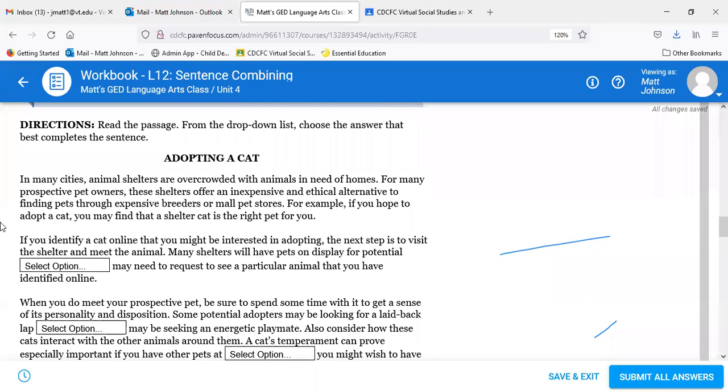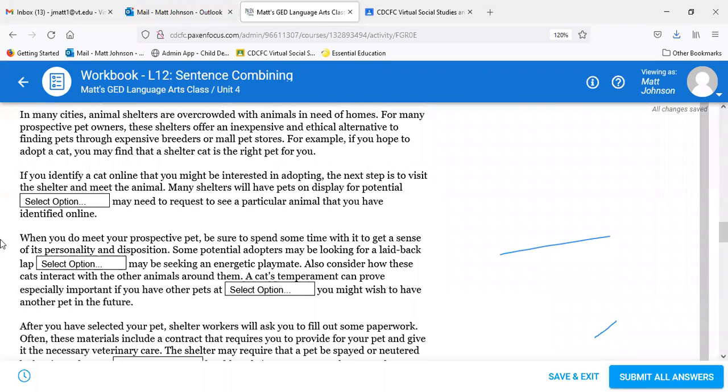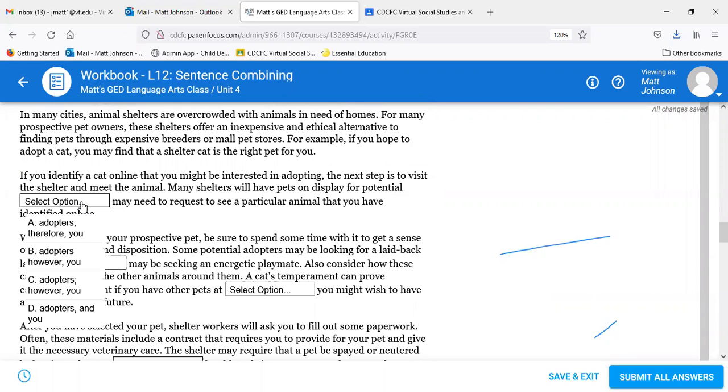For example, if you hope to adopt a cat, you may find that a shelter cat is the right pet for you. If you identify a cat online that you might be interested in adopting, the next step is to visit the shelter and meet the animal. Many shelters will have pets on display for potential adopters. Sasha, how do we want to break up this sentence? Or combine it?